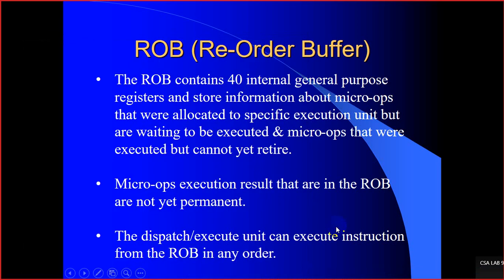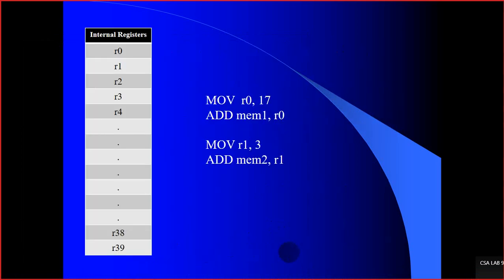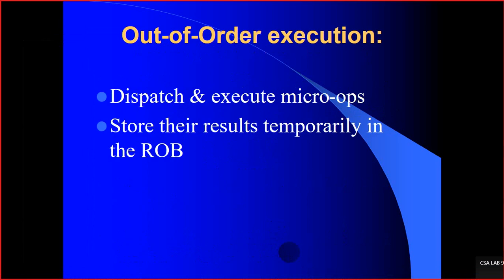The dispatch execution unit can execute instructions from the reorder buffer in any order. So initially things happen in order, and in the middle it is out of order execution. Dispatch and execute micro-ops from the reorder buffer in any order. Store their results temporarily in the reorder buffer.